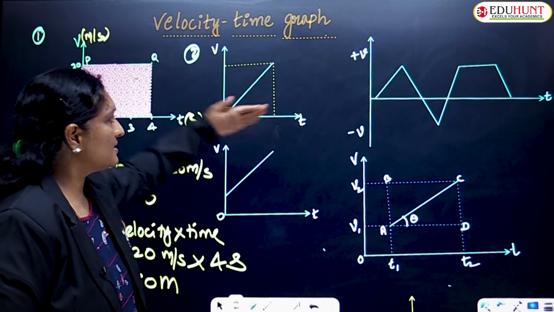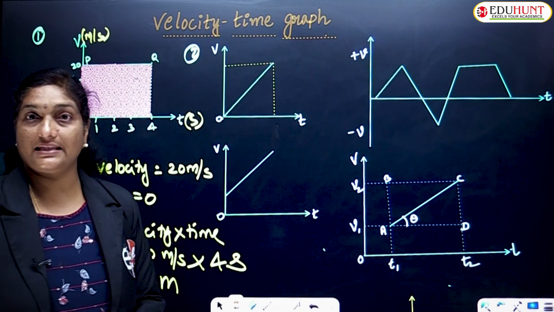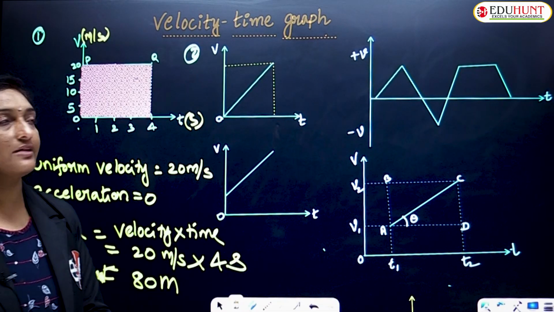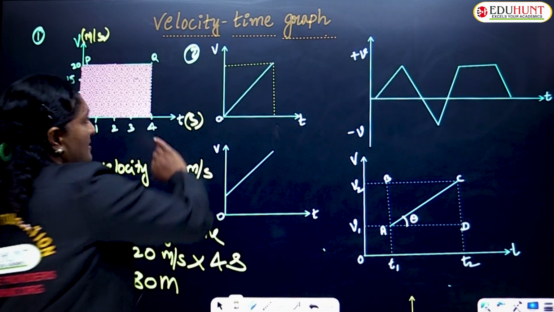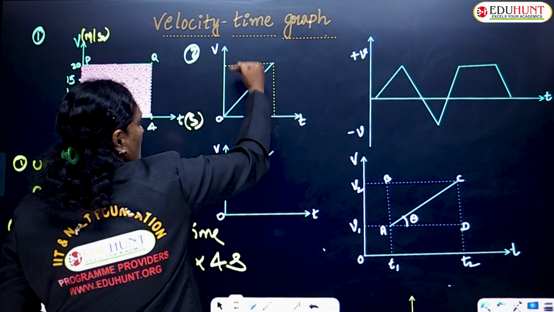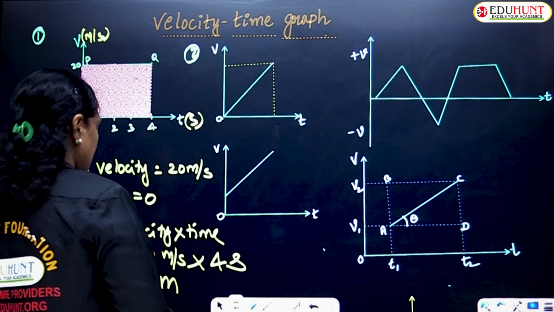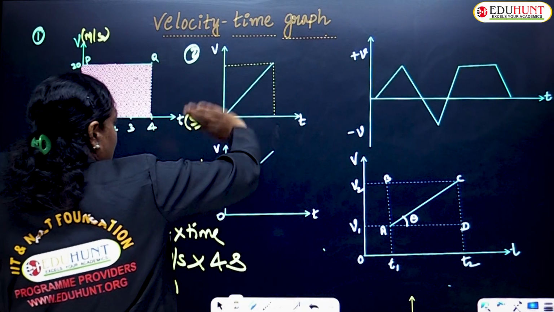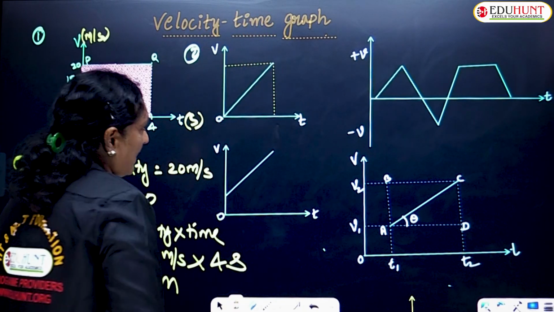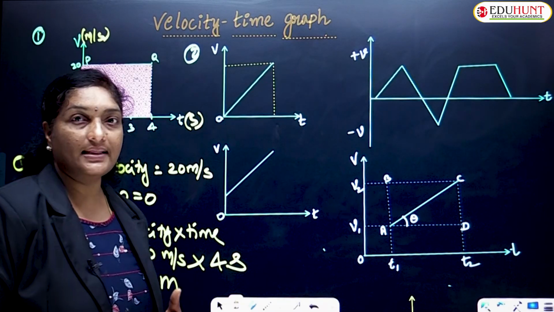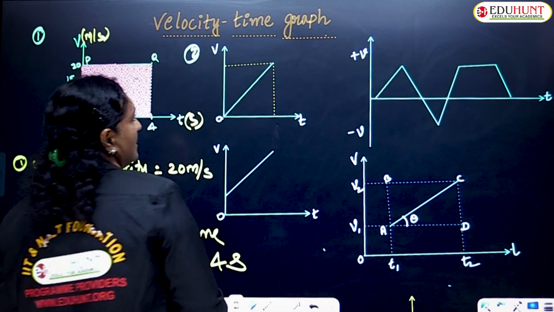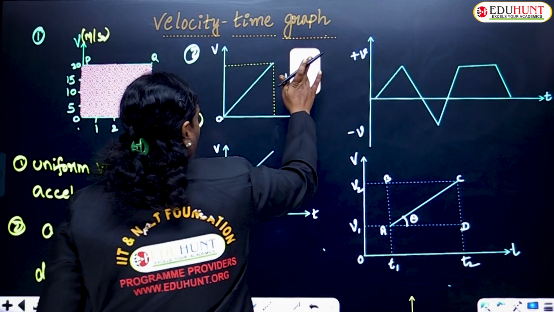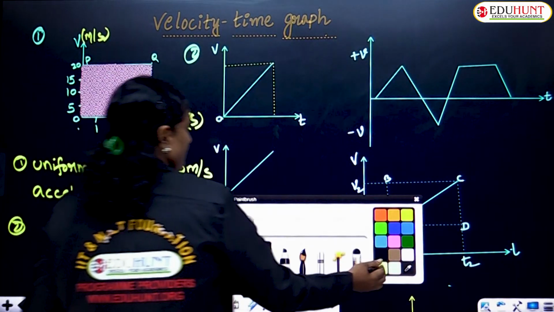As time increases, velocity also increases gradually. Hence, the acceleration is uniform. Velocity increases at a uniform rate, and hence we can say that this body is having uniform acceleration.